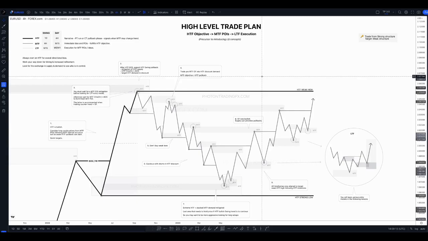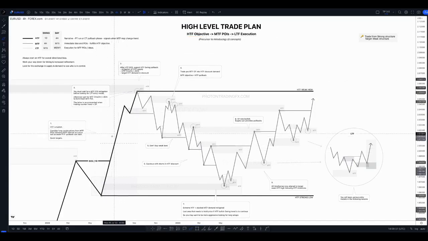So again, before we dive into this, what I want you to think about, which will really help you get your head around this, is 3 time frames. When I think about my trade plan philosophy, my strategy, what I'm doing, really it comes down to 3 time frames. It's having a higher time frame, a medium time frame, and a lower time frame, okay? Essentially, the higher time frame is the objective, it's what you're looking at.